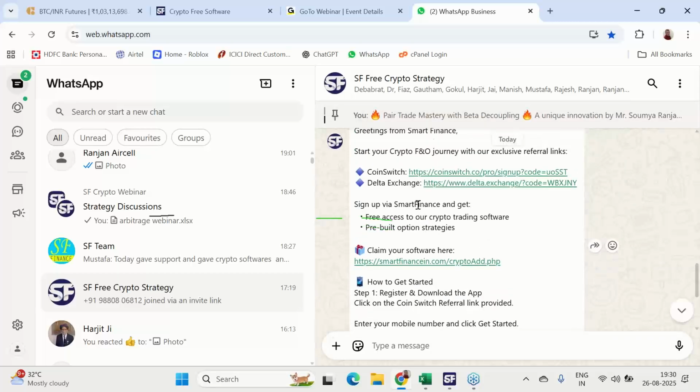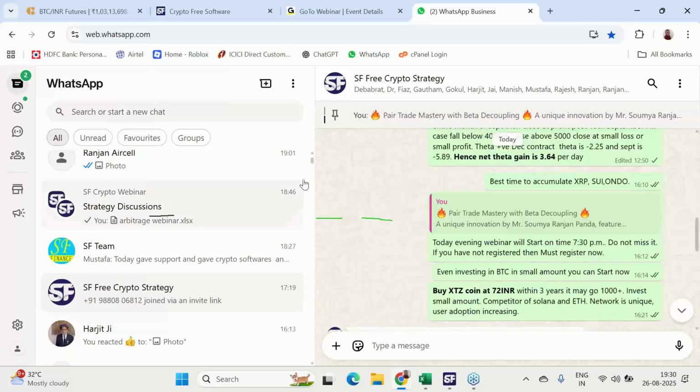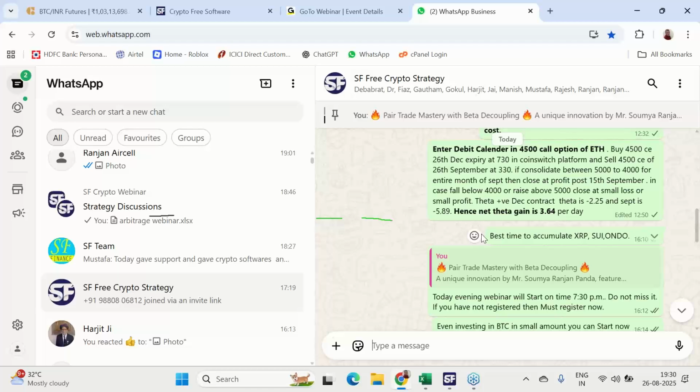So what we give here: crypto is a very complex instrument. It is not an easy instrument. It is not a simple instrument. It has a lot of complexities in it. First complexity, it is trading in different currencies. Sometimes in USD, sometimes in USDT.